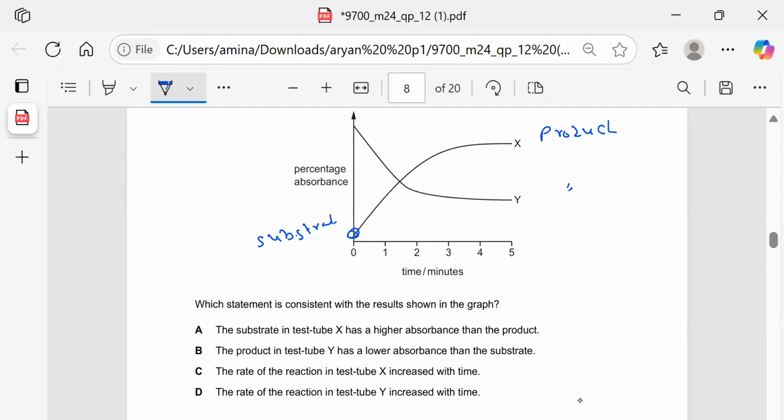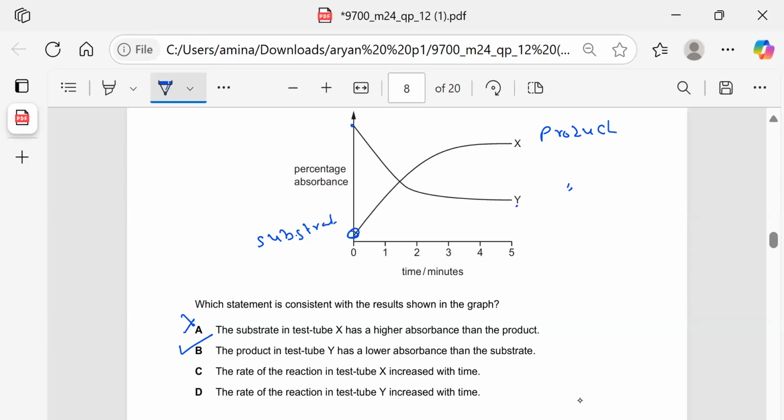So this simply becomes wrong because I find higher absorbance at the product end rather than the substrate end. B, the product in test tube Y has a lower absorbance than the substrate. Yes, Y is showing me higher absorbance over here, and over here the product has less. So yes, this seems to be correct.